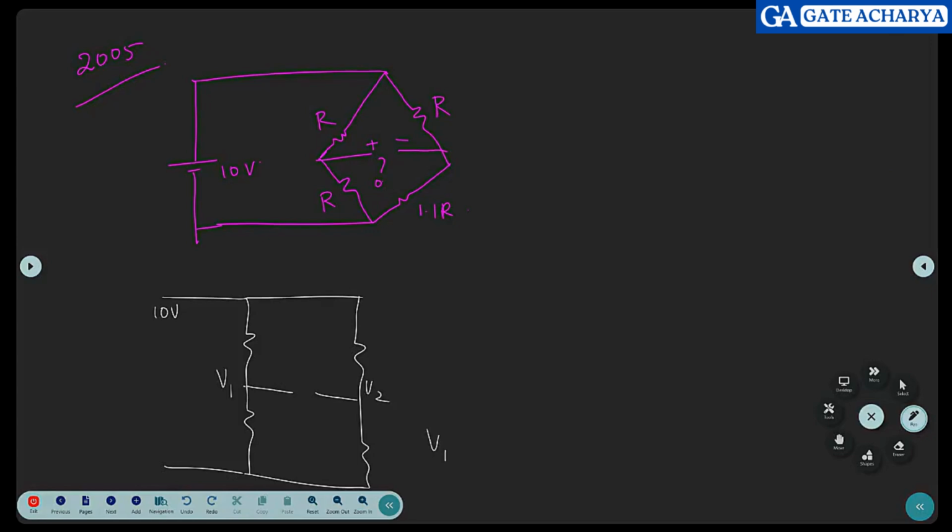Finally, find out V1 minus V2. That is the answer. These are bridge circuits, they say bridge circuits. Potential divider equation, basic potential divider.